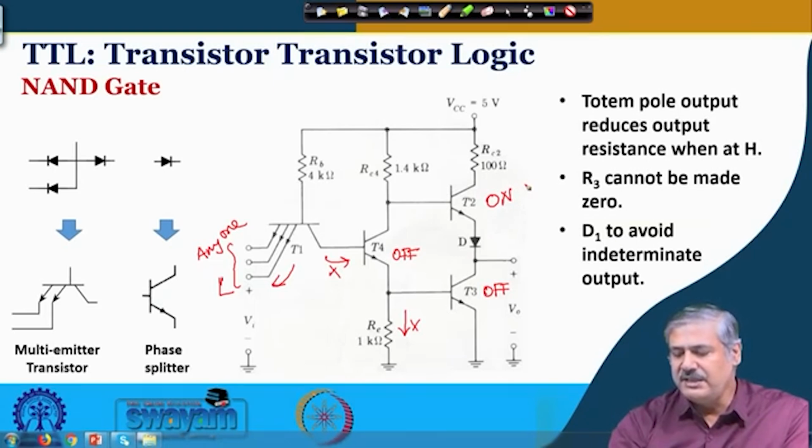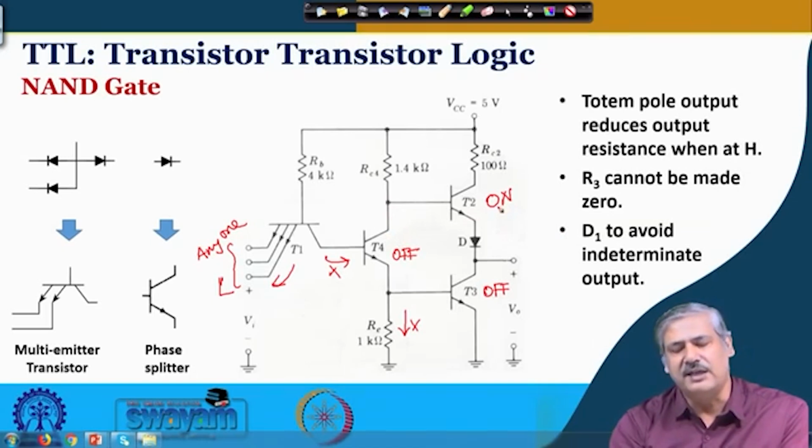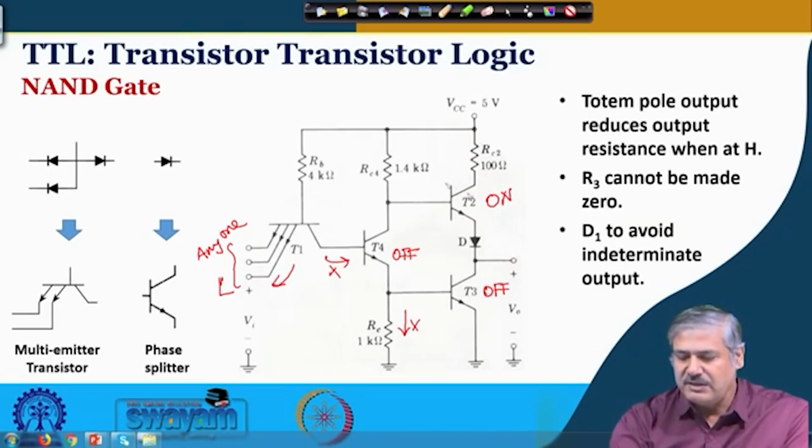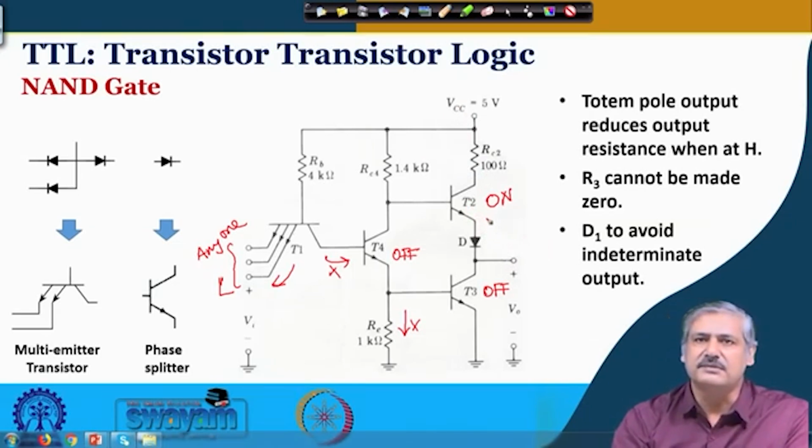Why the diode is required, that part will come later. Right now we consider that this transistor will be on at that time, and if a load is connected here, the load will get current from this path, through this on transistor. Is it clear? So, any one of them low, this is what is happening.